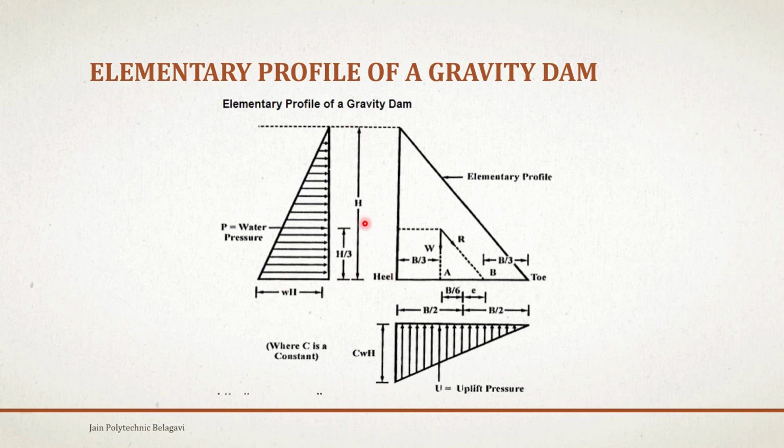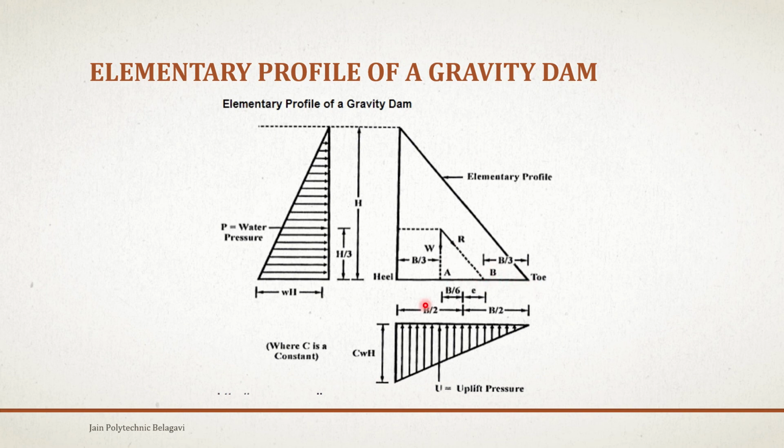That distance we say is the height of the water, and the water pressure will be maximum at 1/3 of the total height, and the resultant will act at B by 2 plus E. E is the eccentricity from the center to the resultant force acting at the base.